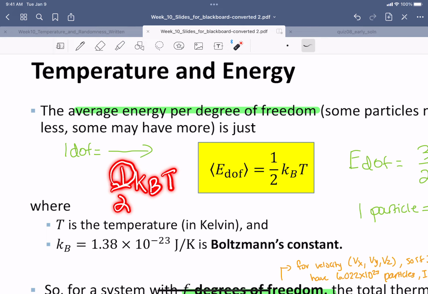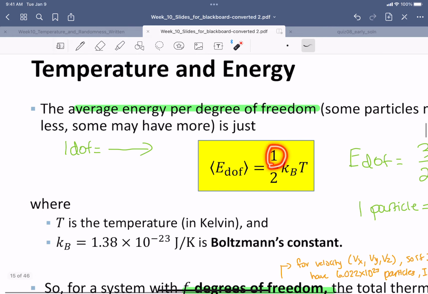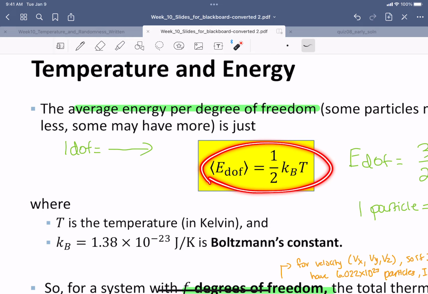Whatever your numerator is here, that's going to be where your degrees of freedom are located. So if I'm looking just for 1 degree of freedom, or per degree of freedom, then this is the equation I'm going to use. This is my average energy for 1 degree of freedom.